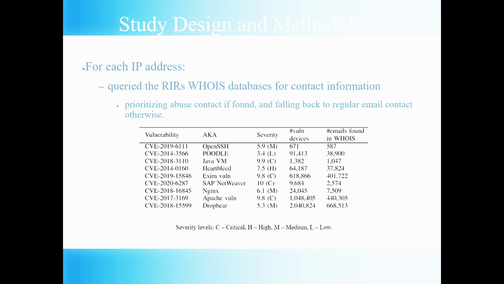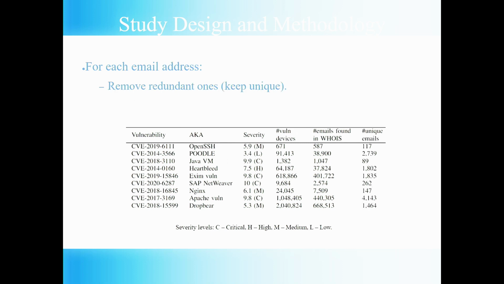And then we used the regional internet registry's WHOIS database to find the emails of those devices. Finally, we kept only unique emails, because in a lot of cases we found that the same email address was used across multiple devices. Of course, we didn't want to send the same survey to the same email address multiple times. And so we got rid of repeated emails and we used unique email addresses.